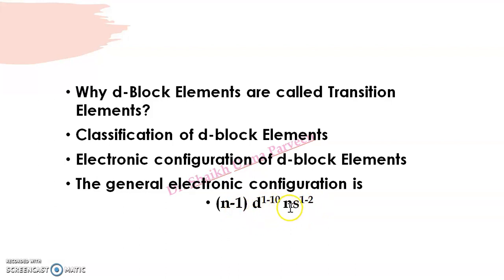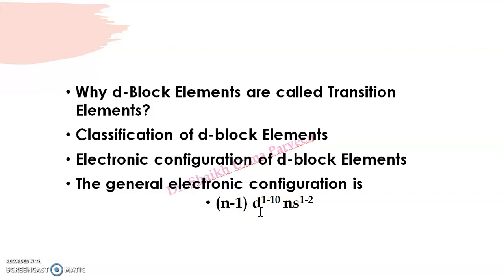If this is 4s, n is equal to 4, and this will be 4 minus 1, that is 3d. So first 4s will be filled and then electrons enter into the 3d. And if this n is 5s, then this will be 4d. 6s, 5d. 7s, 6d.